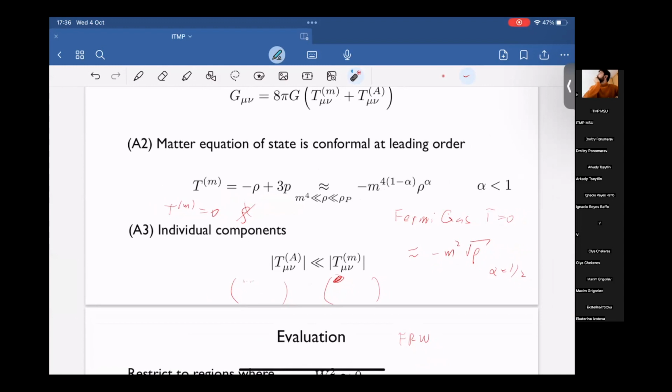Because nobody told us that you have conformal invariance at high energies. Well, it depends on which system we're talking about. For example, in quantum electrodynamics, there is no conformal invariance at high energy. There's no asymptotic freedom, for example.